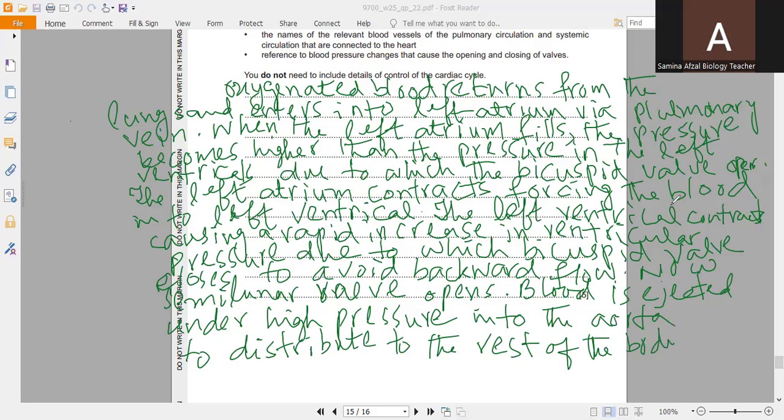So in this way, the systemic circulation is completed when the blood is moved out of the heart.